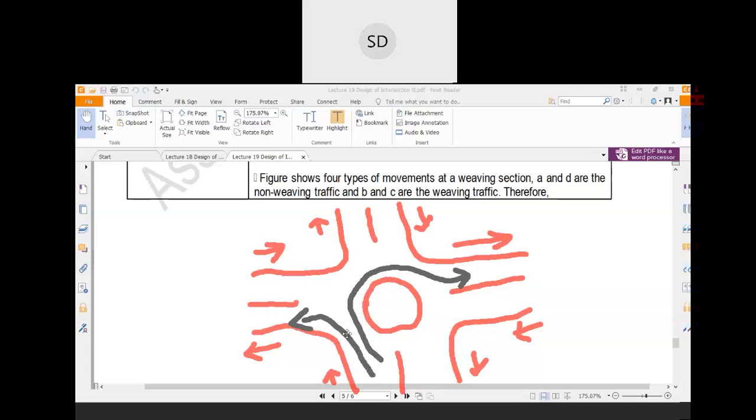And when he can just pass the intersection without going around this central island, this is non-weaving traffic. So you have to find the ratio of weaving traffic to non-weaving traffic. You have to do a traffic survey over that area, and ultimately you can find the total number of weaving traffic and the total number of non-weaving traffic.